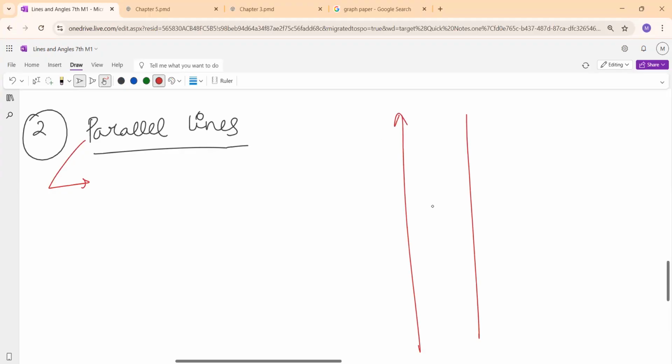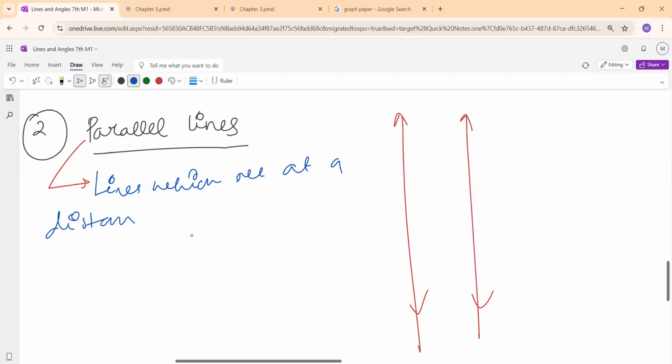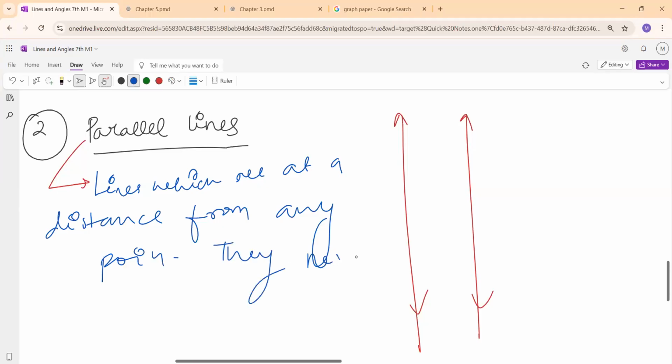Two lines which are in front of each other at the same distance from every point. Lines which are at the same distance from any point, they never meet. They are not intersecting lines, they never meet.